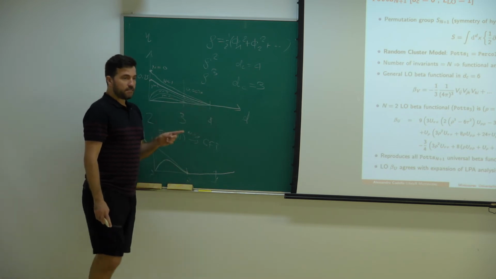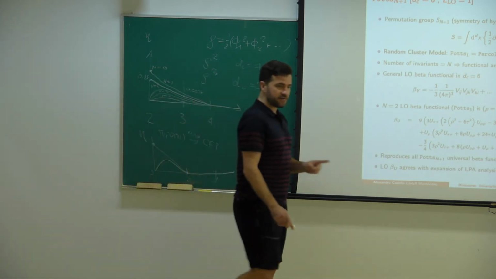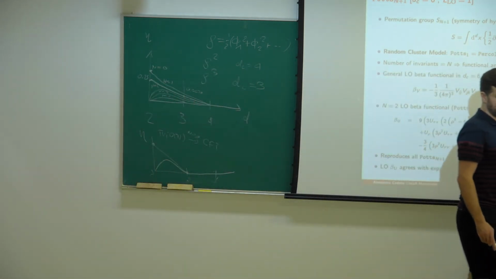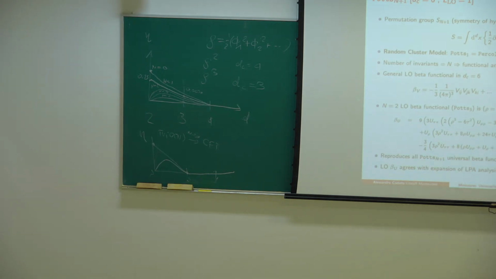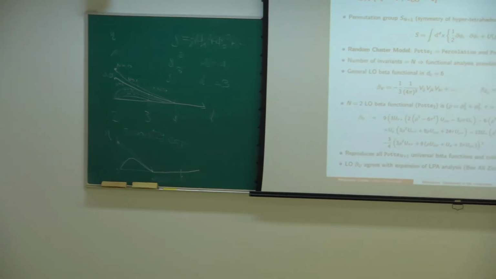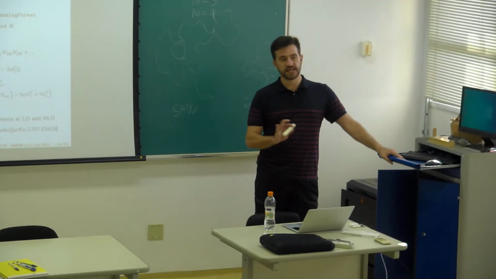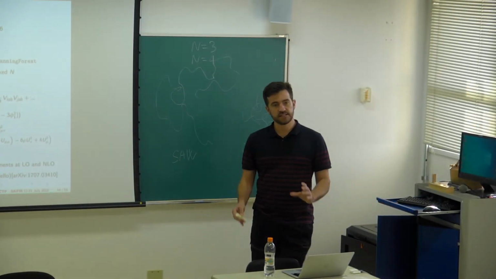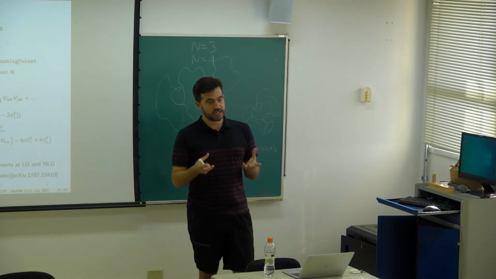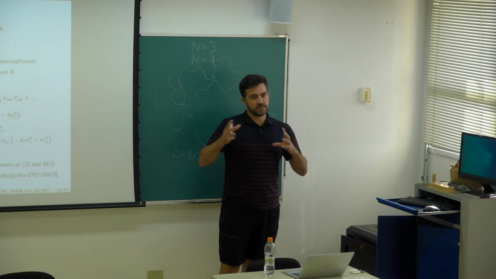Now, the problem of constructing invariants given a symmetry is not really a trivial problem, but luckily mathematicians have worked on that for a long time. And we will see there is a very nice tool that we're going to use, which is called the Molien series. The Molien series is basically a way to encode in a generating function all the information about invariants.